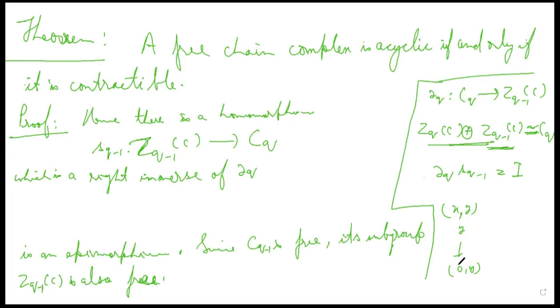And if you apply ∂_q, this is your S_{q-1} followed by ∂_q, this is 0 plus y, okay, this is y. So this composite is just identity, y equals y.